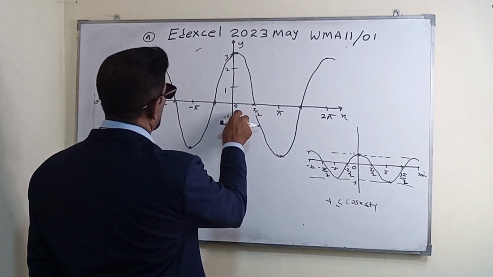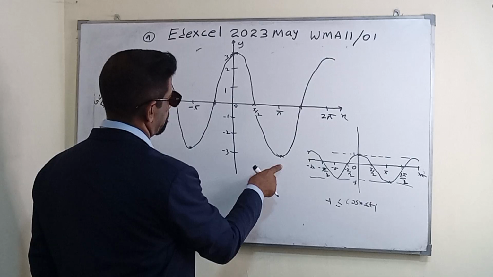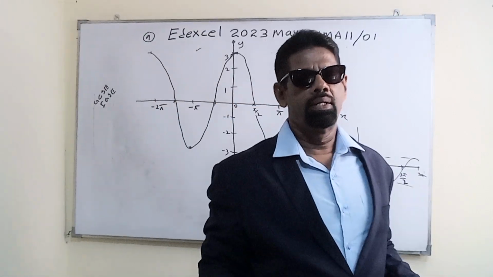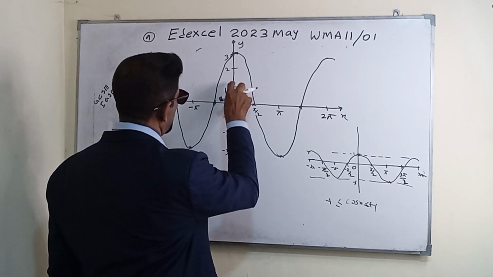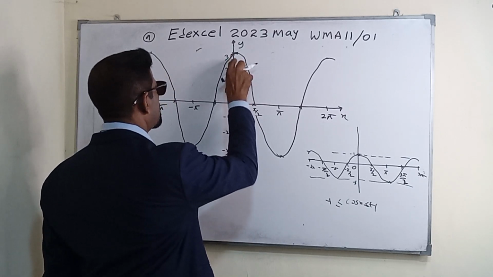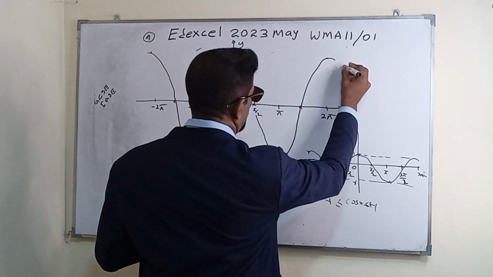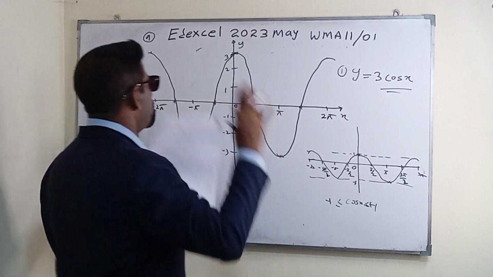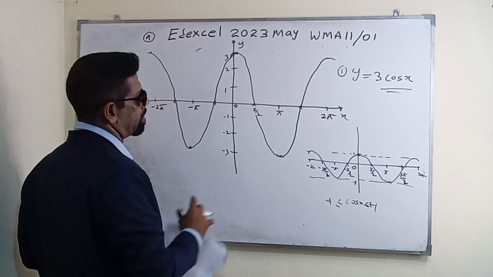So only the y coordinate is multiplied by 3, and the x coordinate does not change. For example, y equals 2 cos x is the y equals cos x graph stretched, and y equals 3 cos x is stretched by 3. So the first answer is y equals 3 cos x, because the maximum and minimum are enlarged, but the x coordinate does not change.